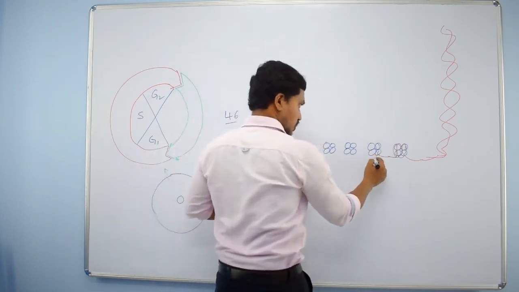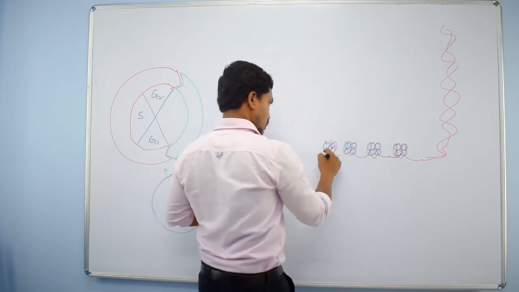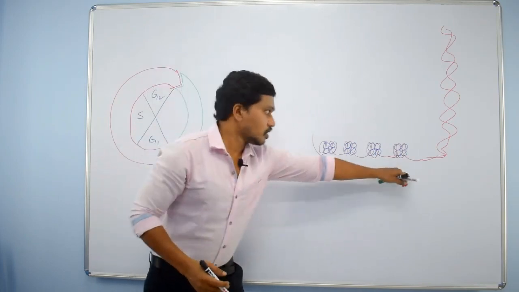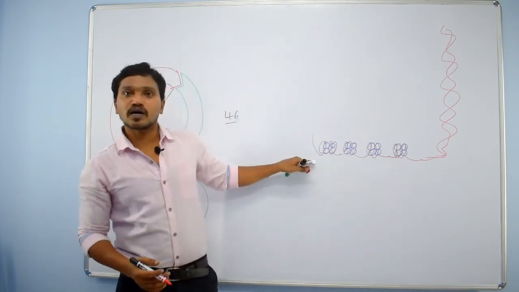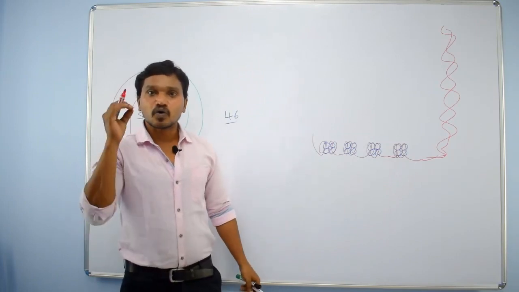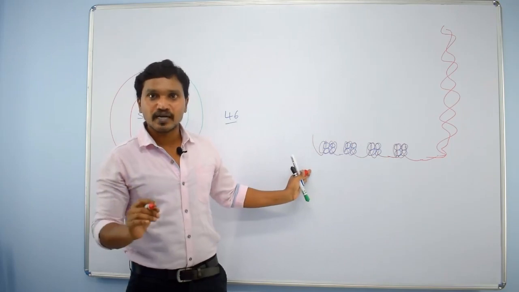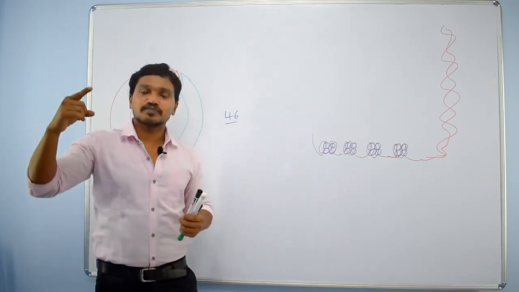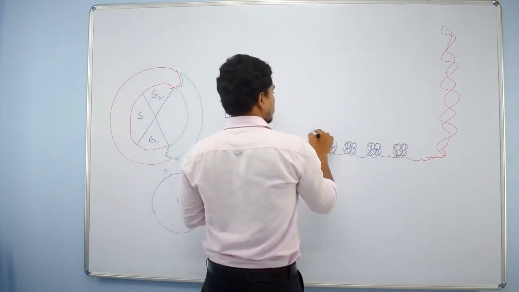Of course, this is another nucleosome, right? But this total material, we are calling chromatin filament. This is what we are calling chromatin filaments. These filaments are coiled again and form chromatin threads.